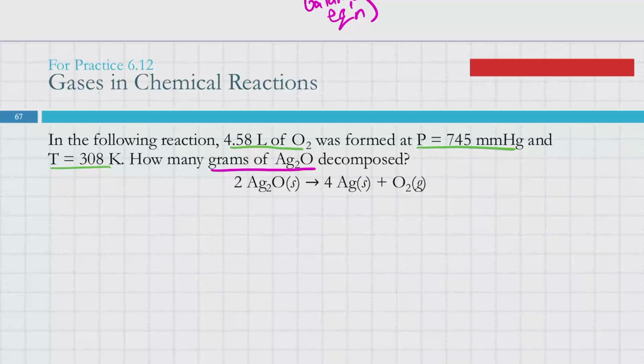So as is often the case with gas problems, it's helpful to have our variables labeled. Our pressure is 745 mmHg, which is the same as torr. Our volume is that 4.58 liters that we saw earlier. And temperature is 308 Kelvin.